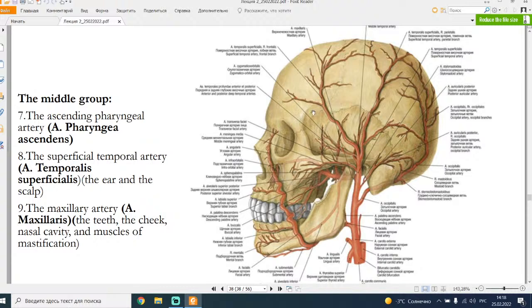And the maxillary artery, arteria maxillaris. It supplies the teeth and cheek, nasal cavity, and muscles of mastication. This is the maxillary artery.